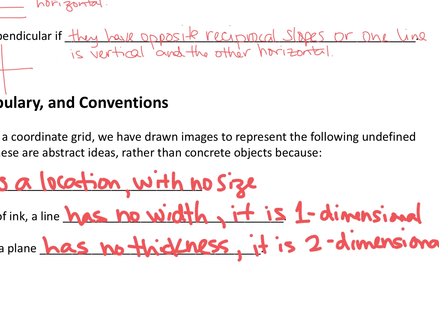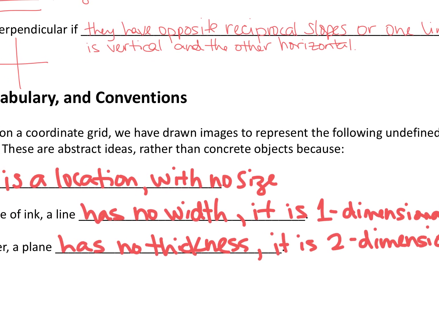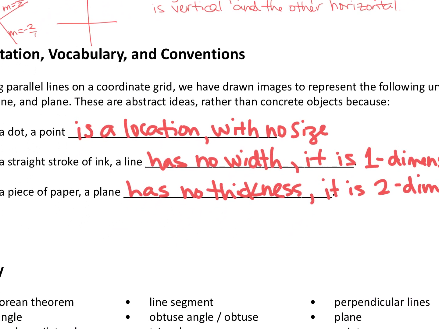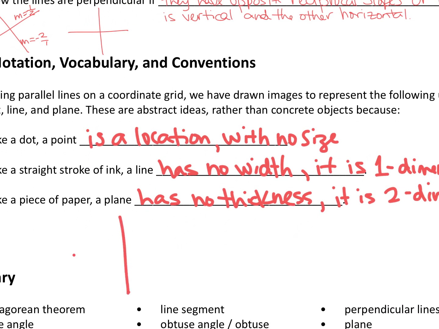Okay, and I'm just going to draw a quick picture to show you what I mean by each of these. Let's say I have this coordinate grid and I want to draw a point. There's my point. It is just a location. It has no size to it. It's just that spot. Now if I want to do a line, I have two points that are connected. That line has no width to it, right? It's just one dimensional.